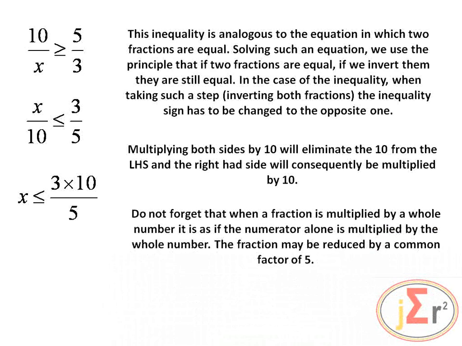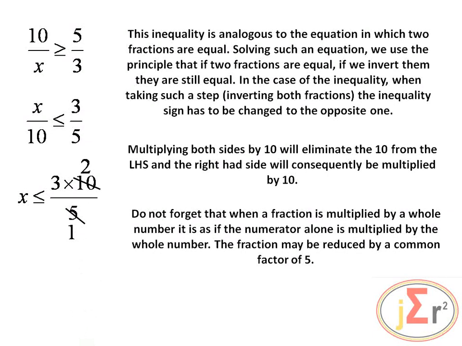Do not forget that when a fraction is multiplied by a whole number, it is as if the numerator alone is multiplied by the whole number. The fraction may be reduced by a common factor of 5. 5 into 5 is 1. 5 into 10 is 2.